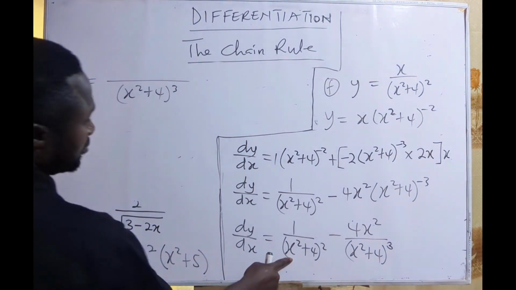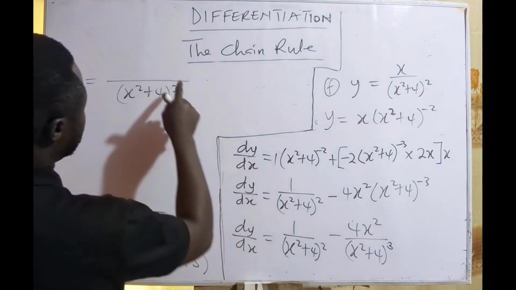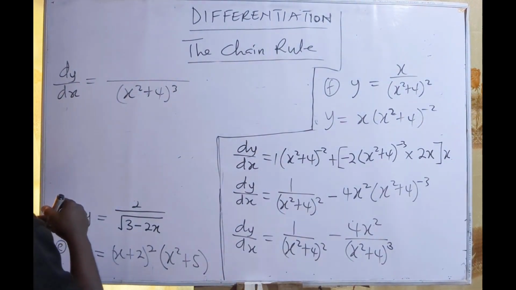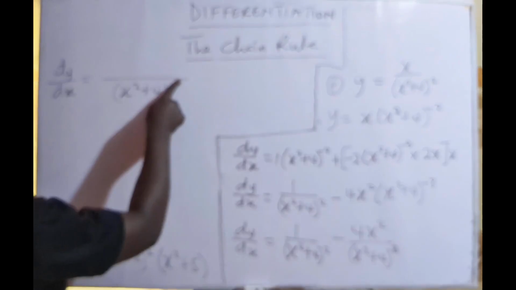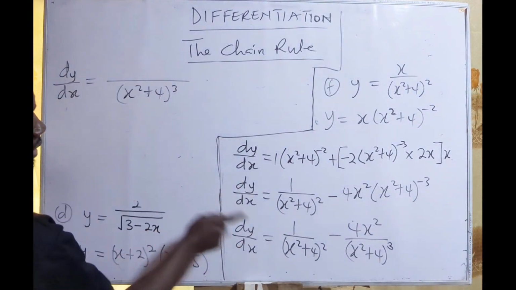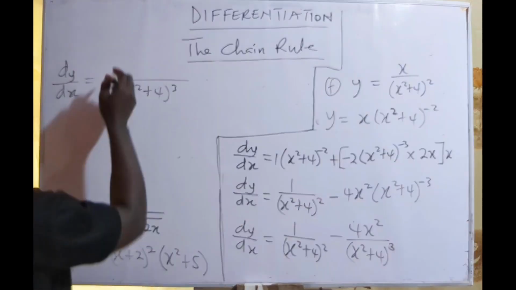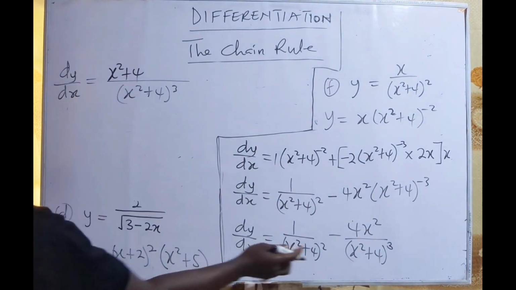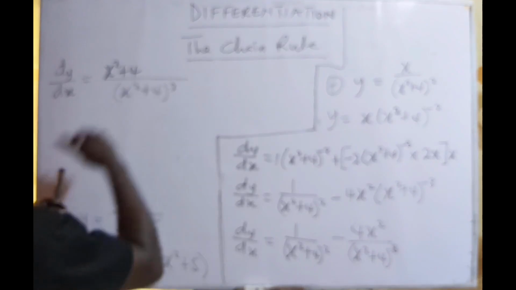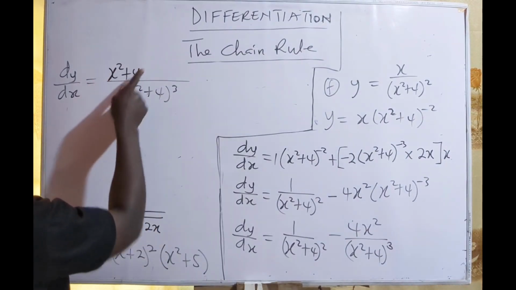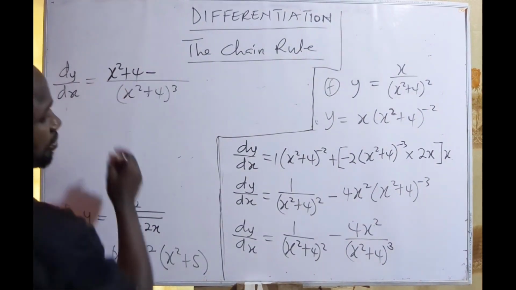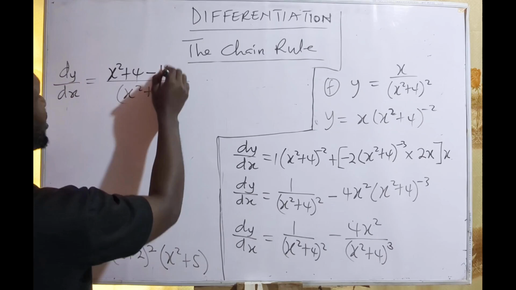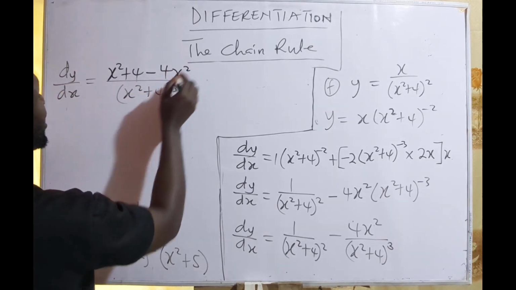Then (x squared plus 4) all squared goes into the cube, leaving 1 factor of (x squared plus 4), multiplied by the 1, so it will be x squared plus 4, minus 1 multiplied by 4x squared gives 4x squared.